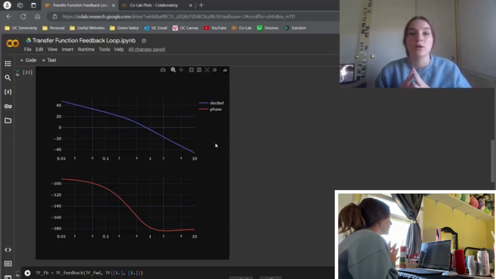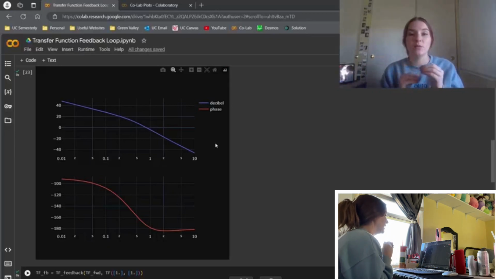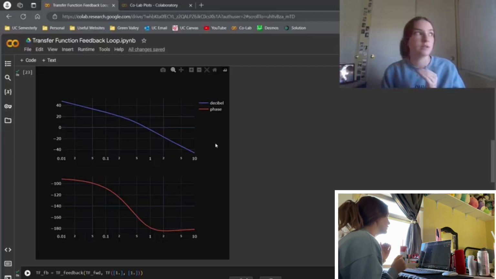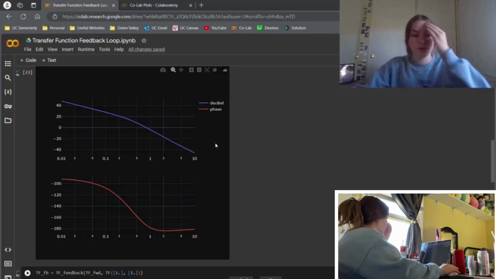Then you take the difference between where that point is and where negative 180 degrees is. So you want your phase margin to be positive, since if we are under negative 180 degrees on the phase diagram, our system is going to be unstable, and if we are above negative 180, then our system is going to be stable.